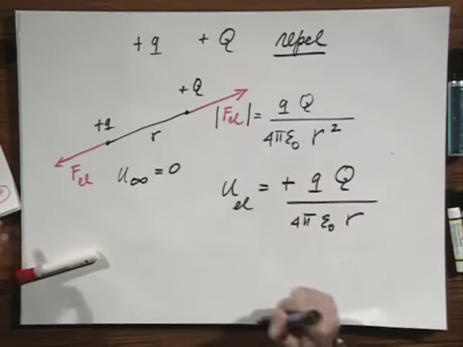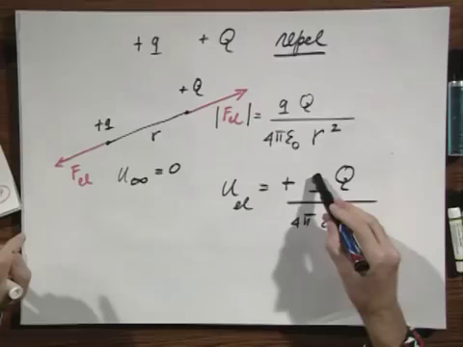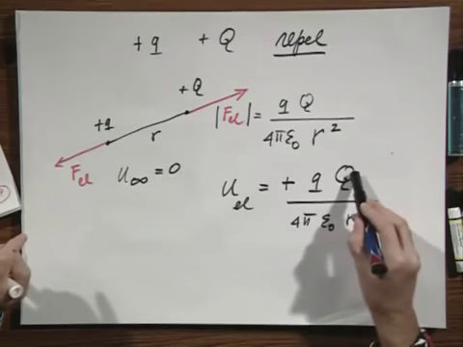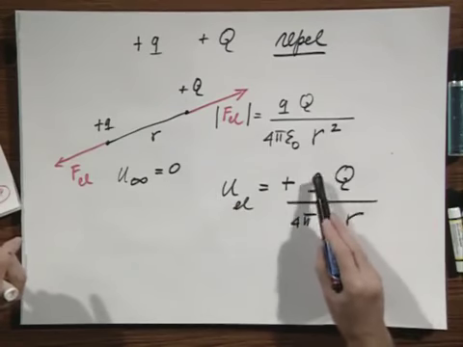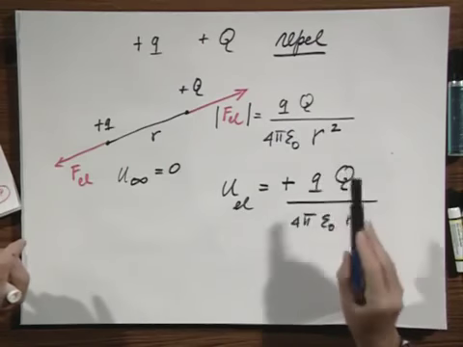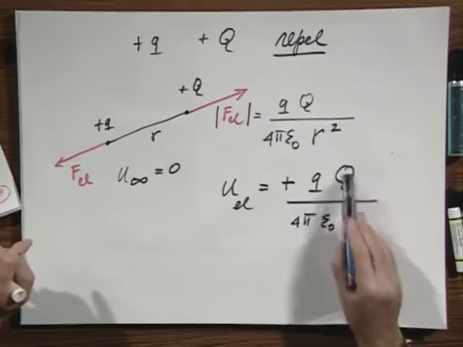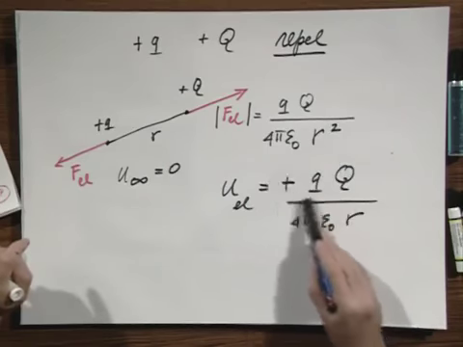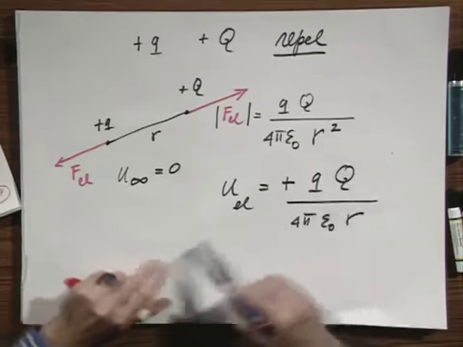But now, the nice thing about this equation is that if you change the signs of q and capital Q, if you make them both negative, the plus sign still remains plus. Because minus times minus is still plus. So this still holds. If, however, they have opposite signs, either this plus and this minus, or this minus and this plus, then the upstairs here becomes negative, and you get a situation which is completely analogous to gravity, which is exactly what you predict, because now you have attracting forces.